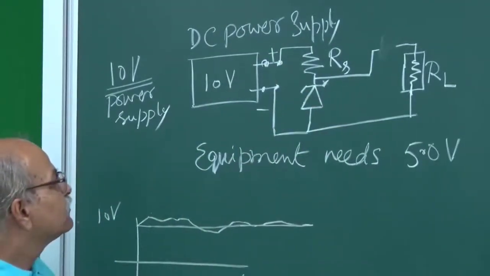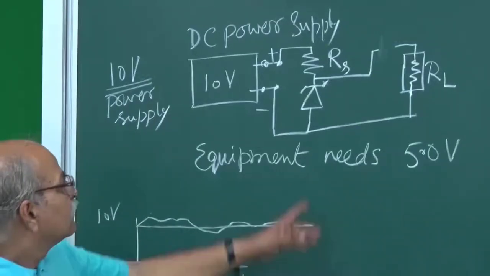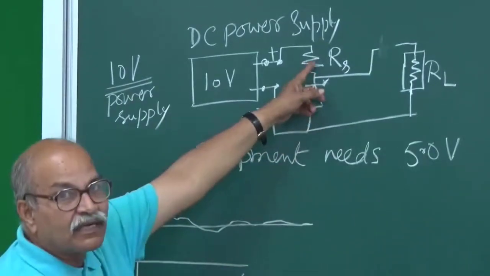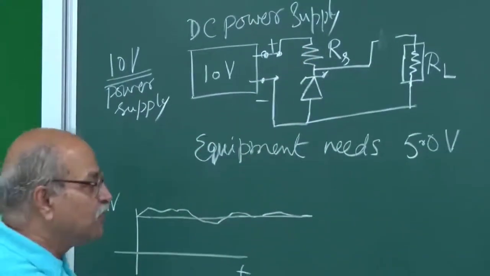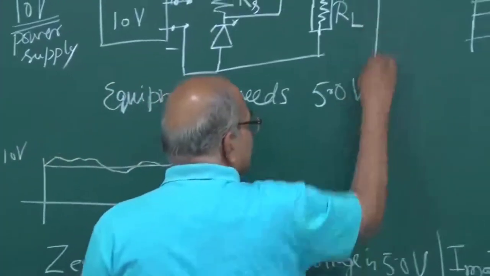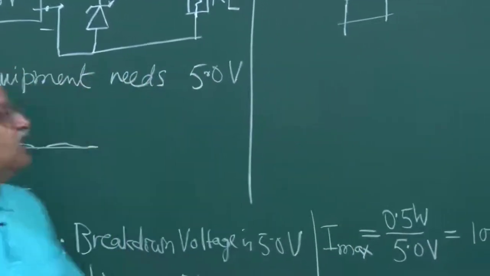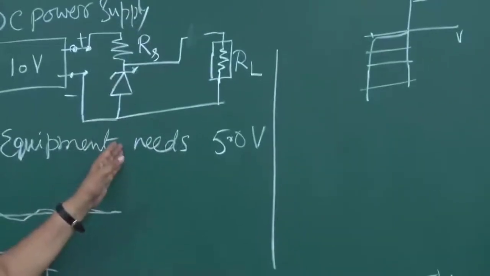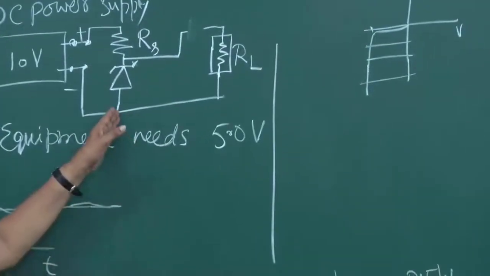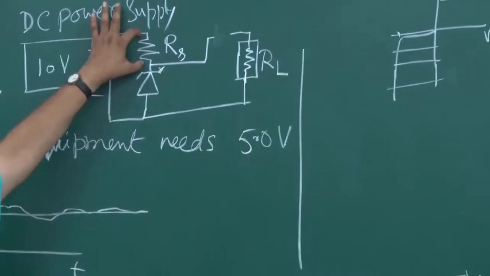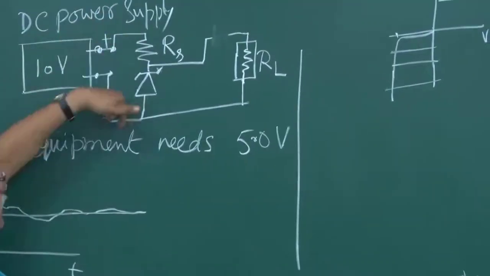So how much is the current? The current will be decided by this RS. So what should be the RS? If I drive 100 milliampere through the Zener, that same 100 milliampere is going through RS also. It's just one circuit.